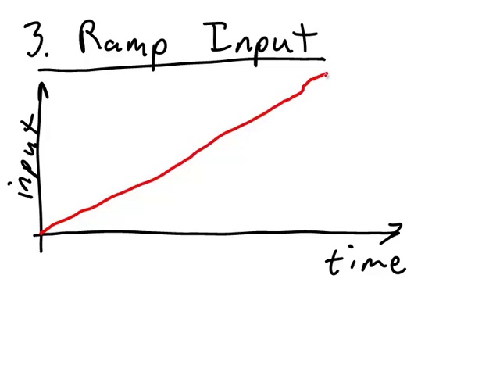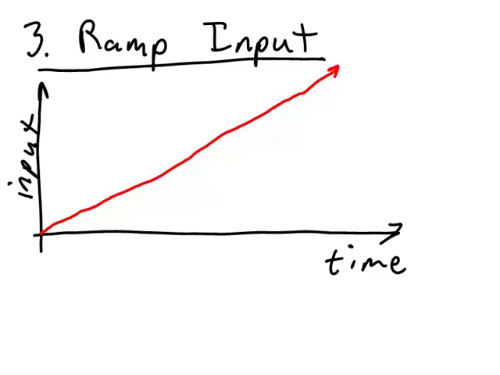If the input value here is position, then we would say that the velocity would be equal to a constant equal to the slope of the ramp input. If the input quantity was, say, velocity, we would say that the acceleration would be constant.